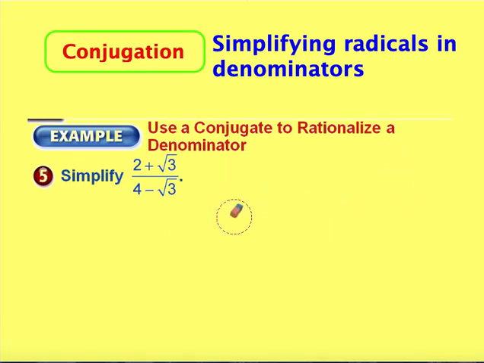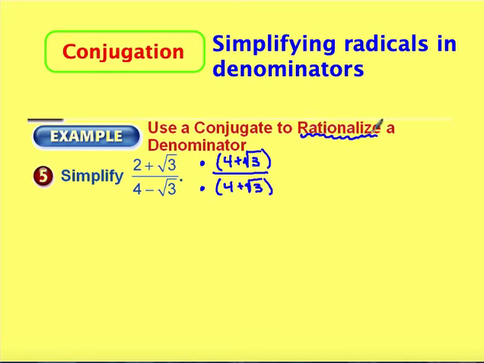We're going to do the same process if it's a square root. What I'm going to do is multiply the top and the bottom by the conjugate of the denominator. So since this is 4 minus the square root of 3, then the conjugate is 4 plus the square root of 3. So in yesterday's lesson, we talked about rationalizing.